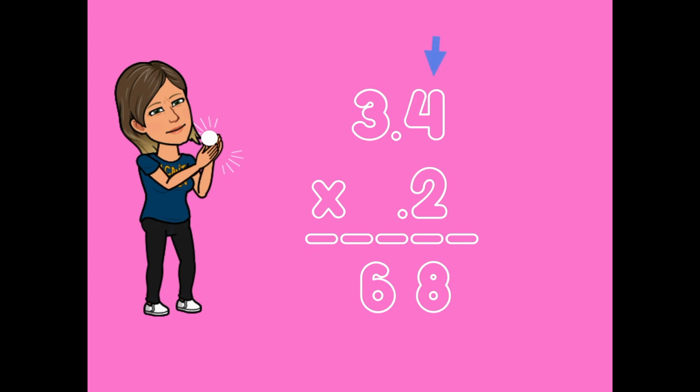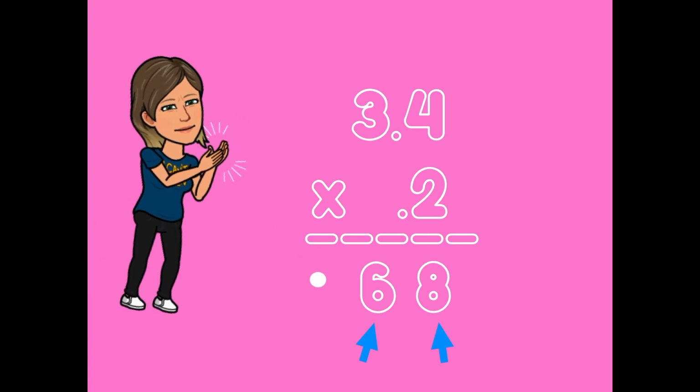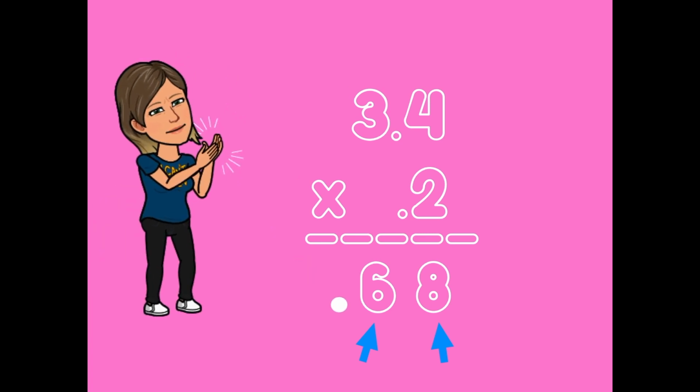To find out where the decimal point goes, you count how many numbers are after the decimal point in the problem. There's 1, 2. That means there should be 2 numbers after the decimal point in the product. So 1, 2, if we want these 2 numbers to be after the decimal point, then I'm gonna roll that decimal point so that it lands right there.